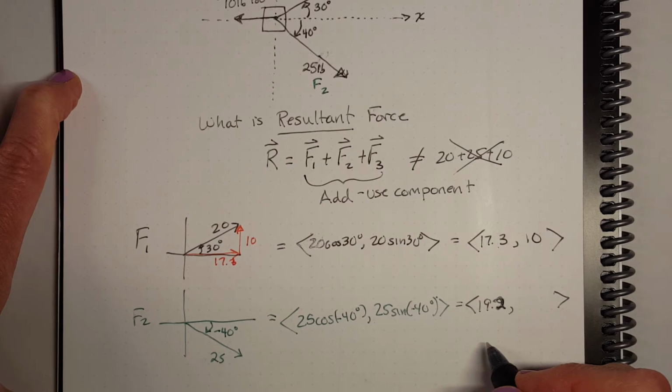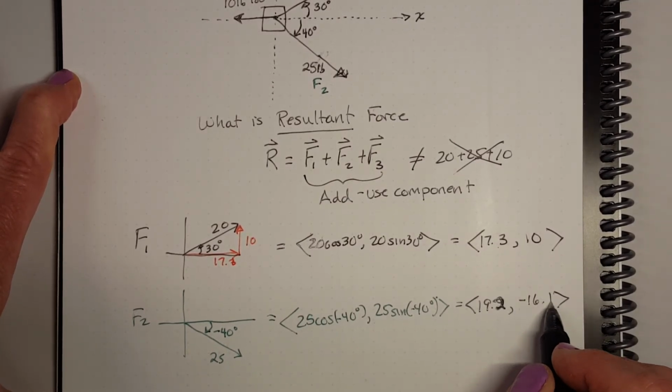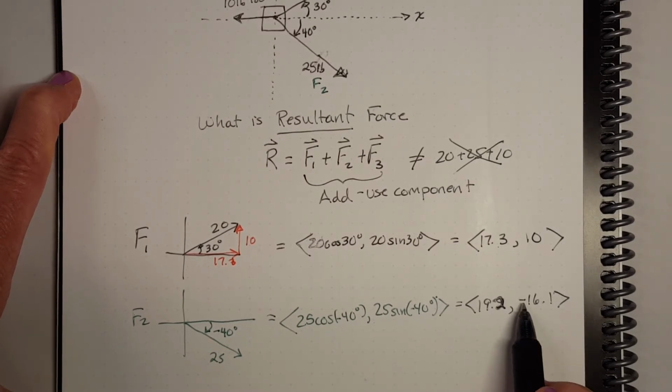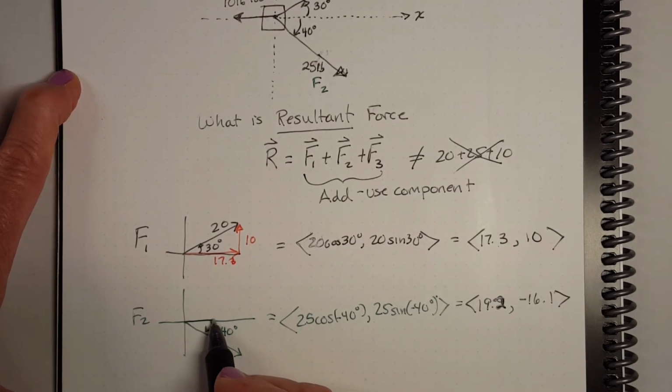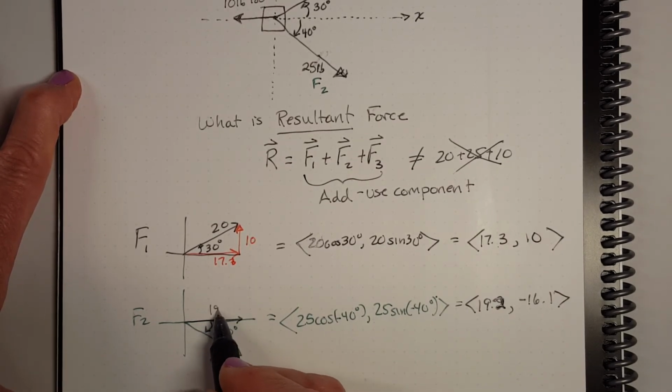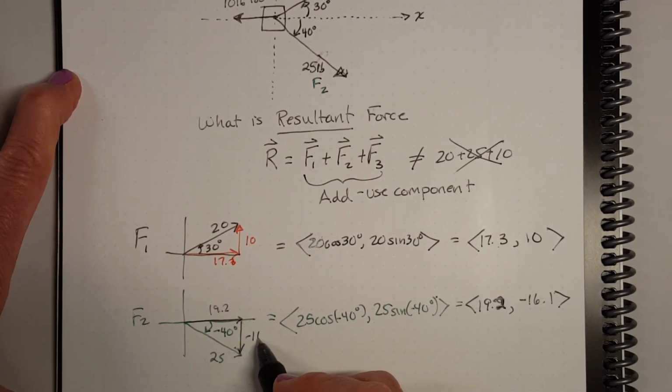And when I do 25 times the sine of negative 40, I get negative 16.1. So that negative, I don't have to think about it because I put in the correct angle in standard form. So look, this makes sense. This would be positive 19.2 is my x component, and negative 16.1 is my y component.